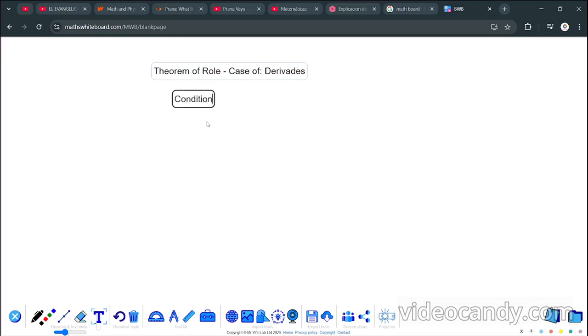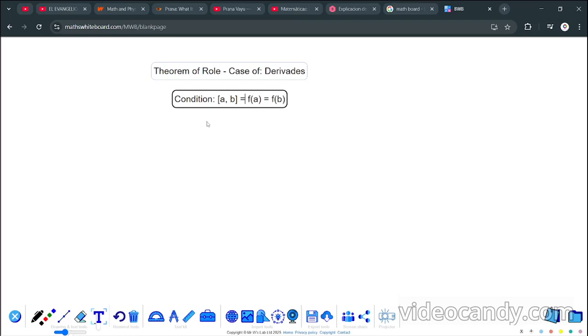The condition is that the parameter or term of A and B are both derivative. What I'm trying to say is that A and B are equal to, for example, if f(a) is equal to f(b).